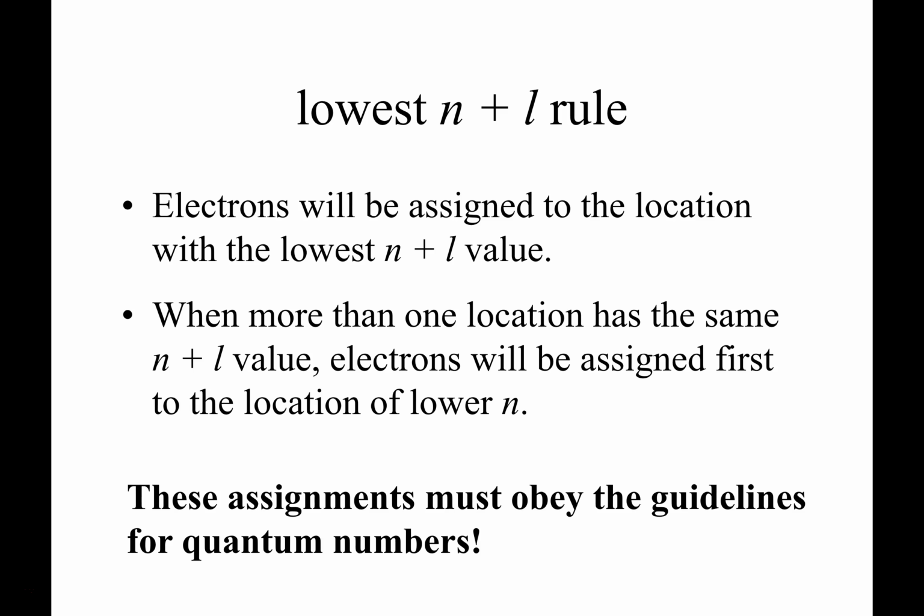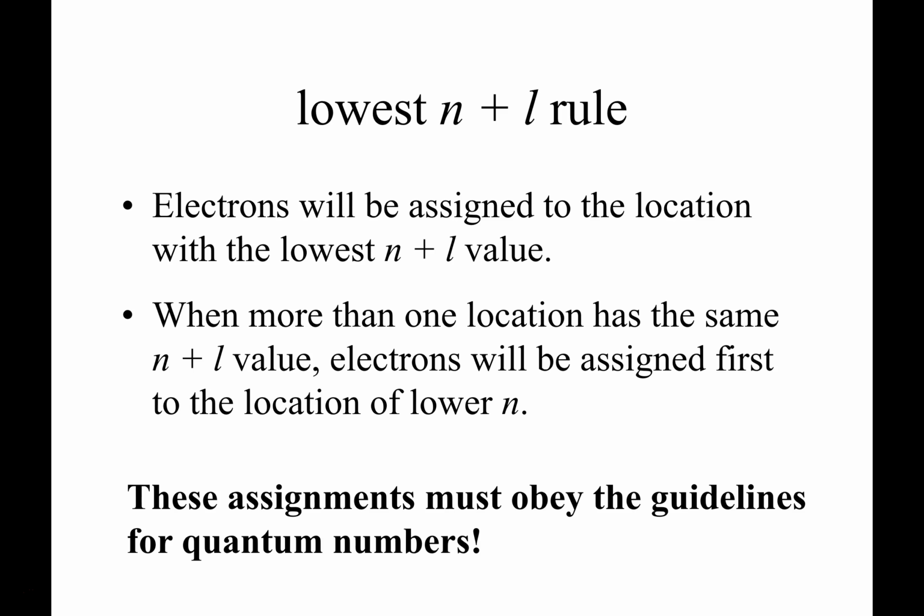And this, I guess, is pretty important, the second bullet here. If you have subshells that have the same n plus L value, an example is these two. If I take 2p, the n plus L value is 2 plus 1, which is 3. If I do that for 3s, you would tell me n is equal to 3, L is equal to 0. These are both 3's, right?